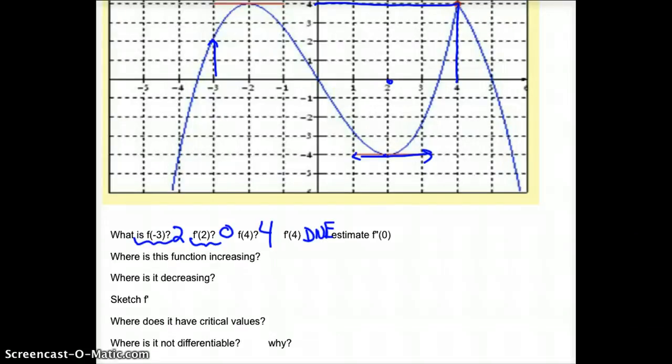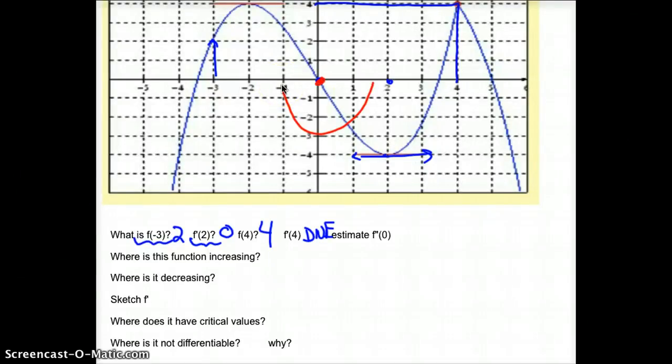When it says to estimate the second derivative at 0, this is a good question because right here, if I were to graph the first derivative, this would be decreasing, decreasing, decreasing, decreasing, and then it'd be the most negative it could be, and then still be negative. So there'd be something going like this here.